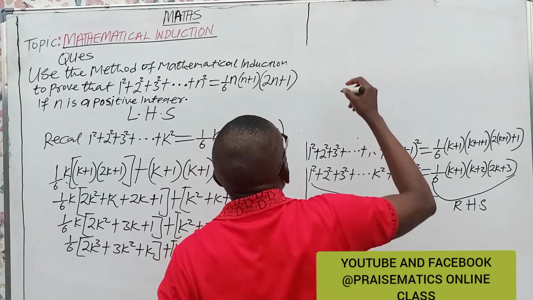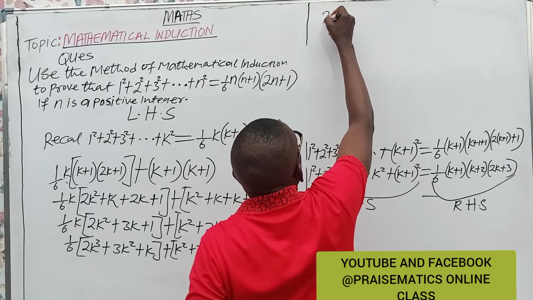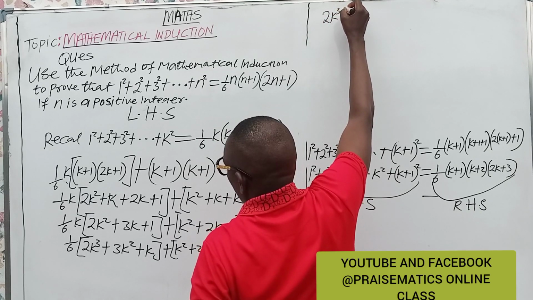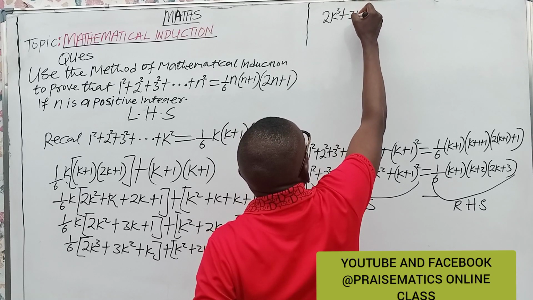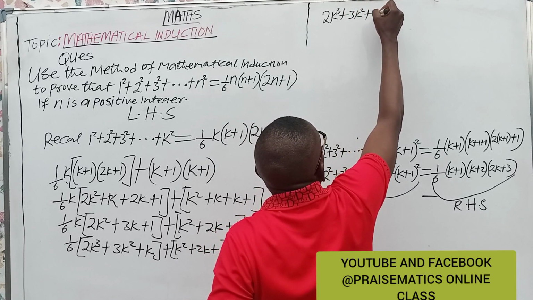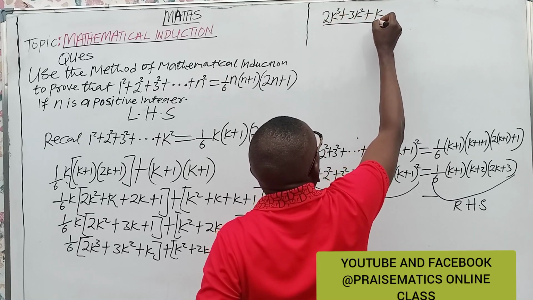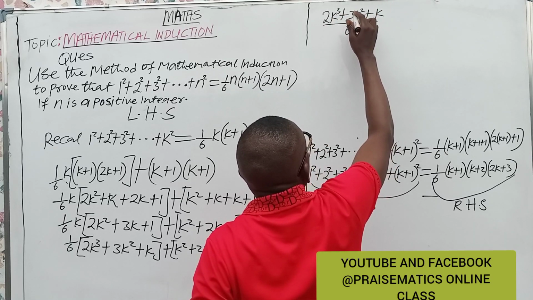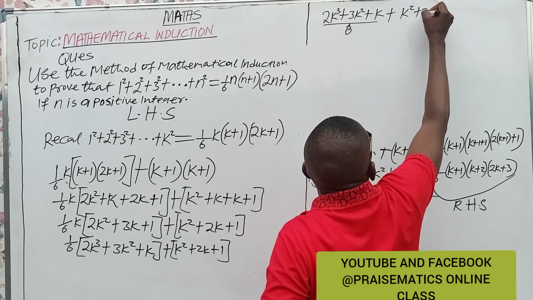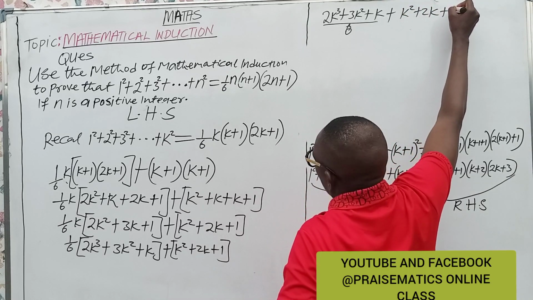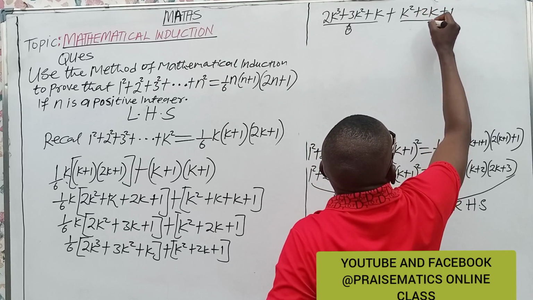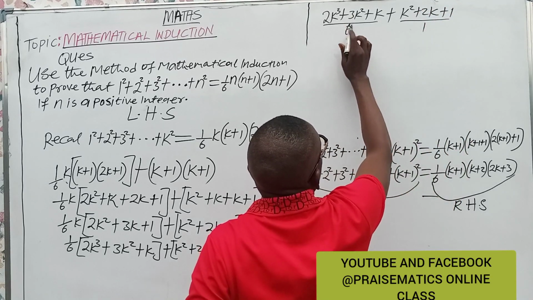This place we have this as (2k cubed plus 3k squared plus k) all over 6, plus (k squared plus 2k plus 1) all over 1. What is the LCM of 6 and 1?